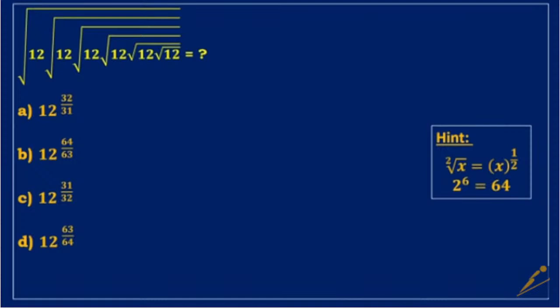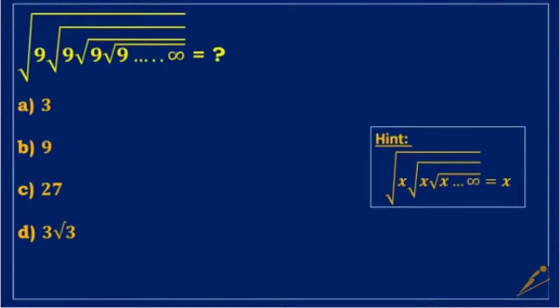Hence, the denominator value would be 2 power 6, which is 64, and the numerator value would be 64 minus 1, which is 63. Therefore, the numerator and denominator values would be 63 by 64. The solution for this question would be the simplified form of 12 power 63 by 64.